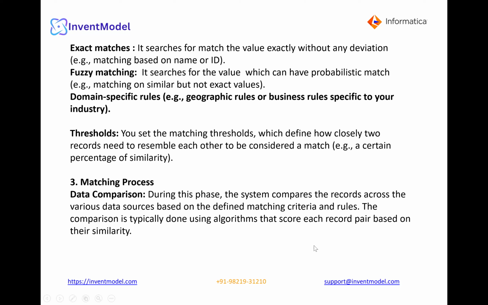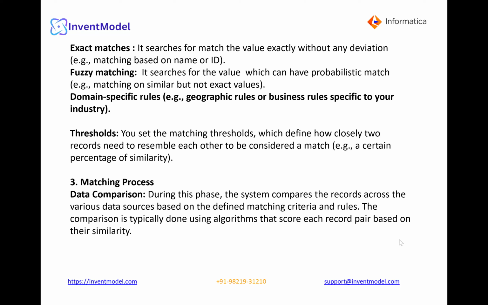Then the third stage is the matching process. In this matching process, we need to do data comparison. During this phase, the system compares records across the various data sources. Because the data comes from a variety of sources, it is compared based on the defined matching criteria and rules.